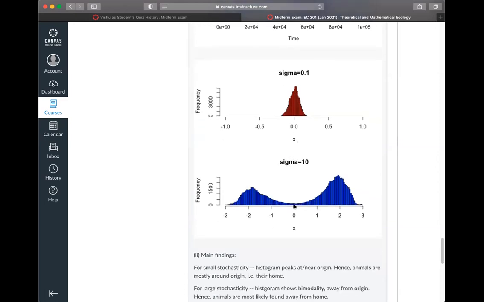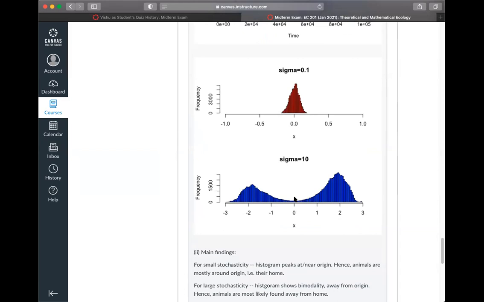But when the noise increases, what happens? The deterministic forces have basically weakened now. What's now happening is that their most likely locations are somewhere like -2 and +2. They're basically now mostly driven by a lot of stochasticity.